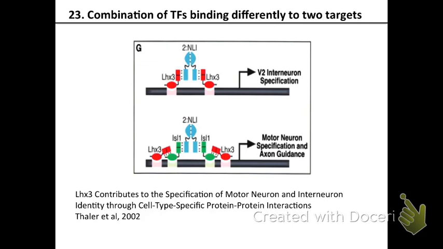Does that make sense? So you can imagine with 2,000 transcription factors and 20,000 genes, this is an amazing puzzle, right? The amazing puzzle is how each of the transcription factors finds its binding sites, where their binding sites are, and which combinations regulate a certain set of genes, right?